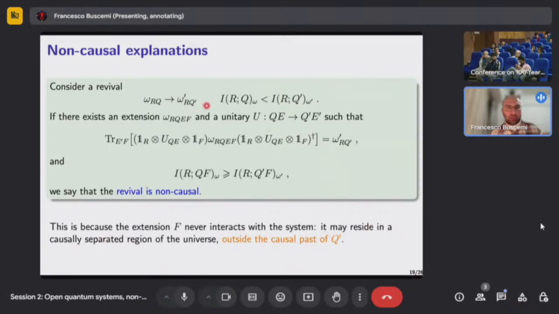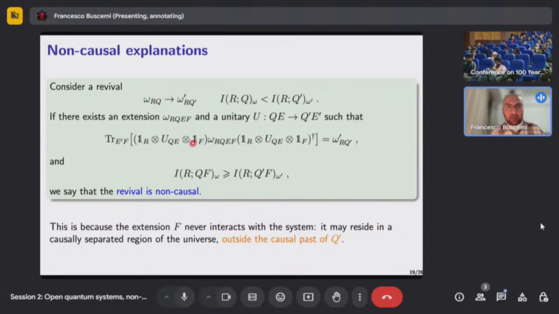So again, consider a revival, right? So you have a violation of locality at the level of the reduced system dynamics, a violation of Markovianity. So if there exists an extension, a 4-partite extension in this case, and a unitary that takes Q and E into Q prime and E prime. So F is left aside. F never interacts with this. It's outside the interacting area of the universe.